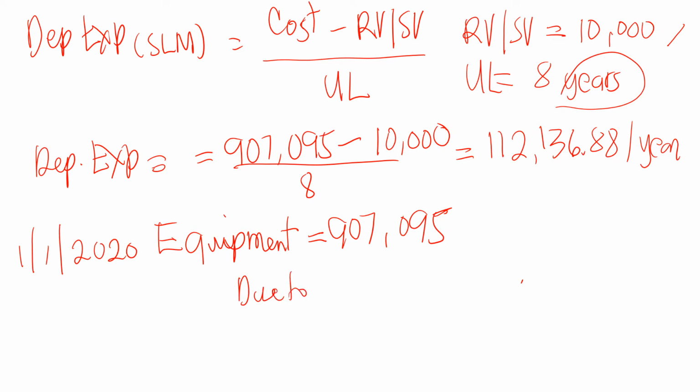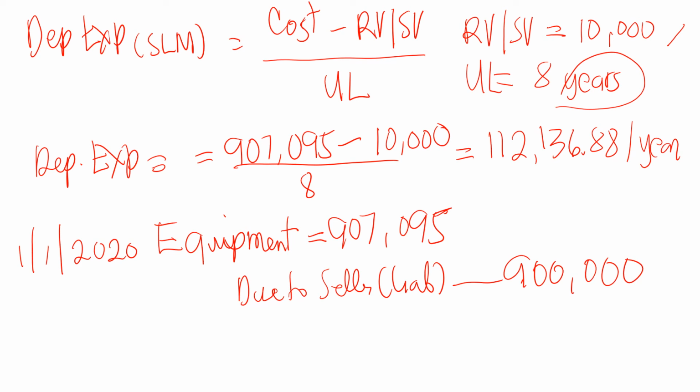That will be due to the seller, for example. So this is a liability. I'm not using accounts payable because accounts payable should be used for inventory. So this is 900,000 plus 58,200 plus 25,095. This is 907.